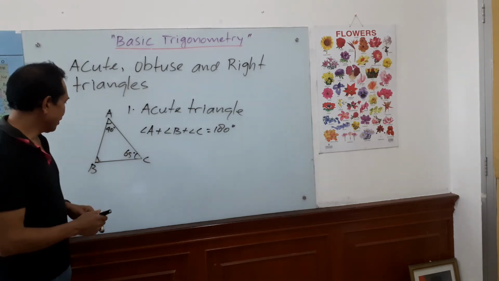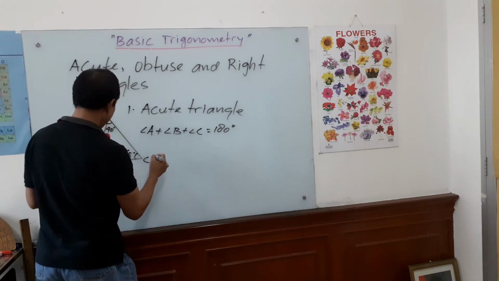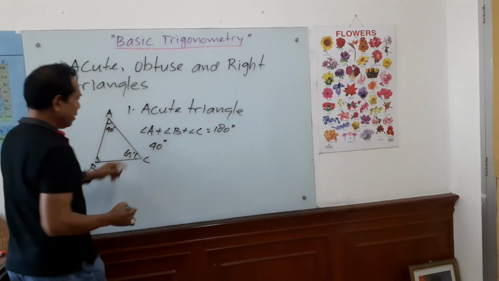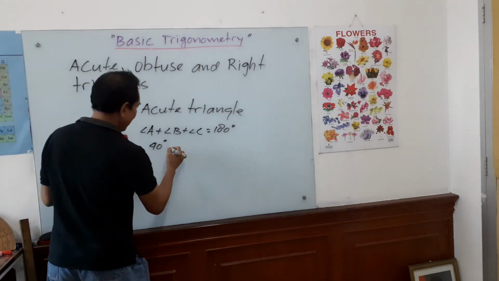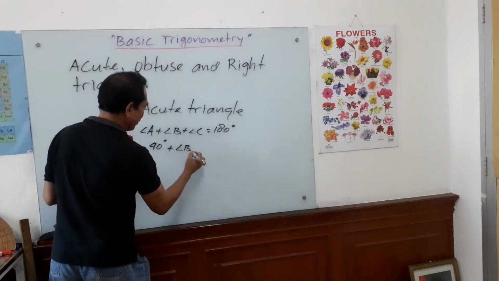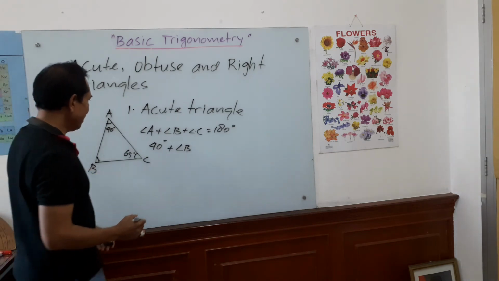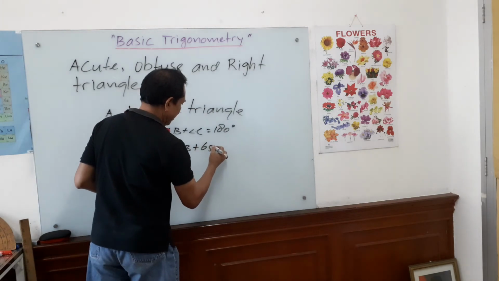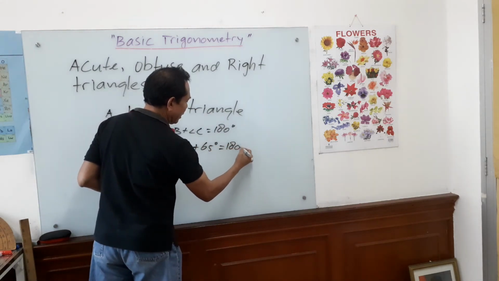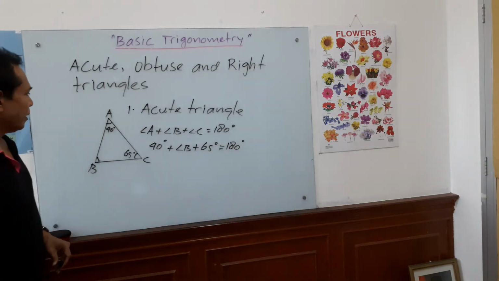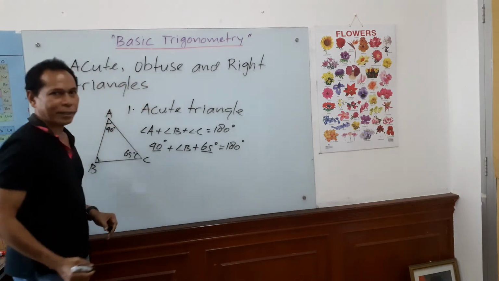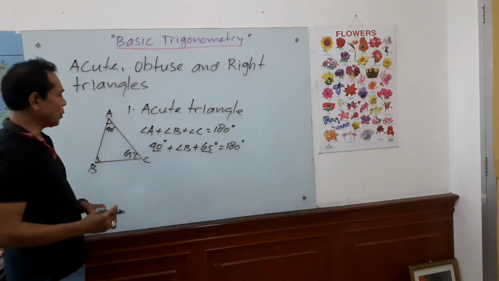We want to find angle B. So we put here 40 degrees, angle A is 40, plus angle B, we do not know, so we just put it there, plus this angle C is 65 degrees, equals 180 degrees. All right, now, we have these numbers, 40 and 65, so we can add them together.